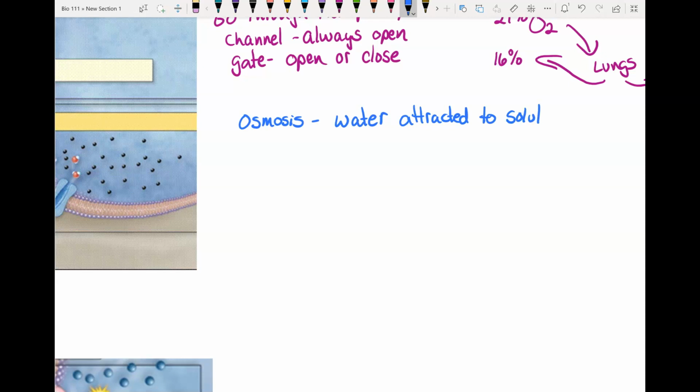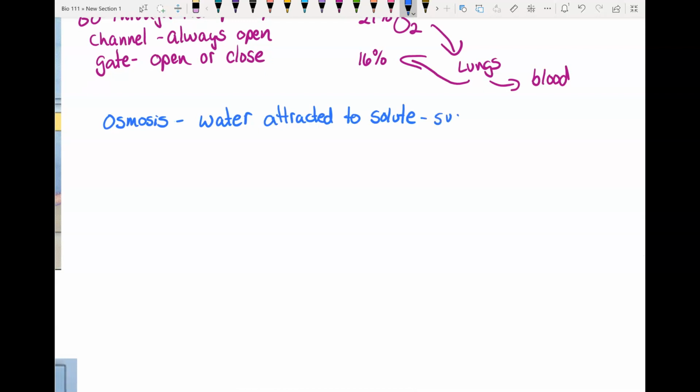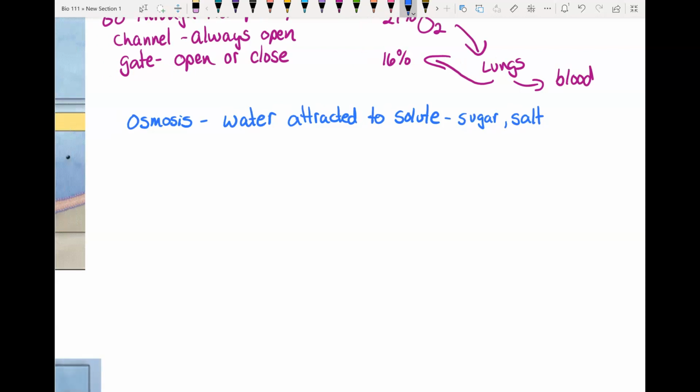A solute is a molecule that dissolves in water. For example, common solutes would be sugar and salt. Water is attracted to these molecules. It wants to be with them. It wants to go to where they are.